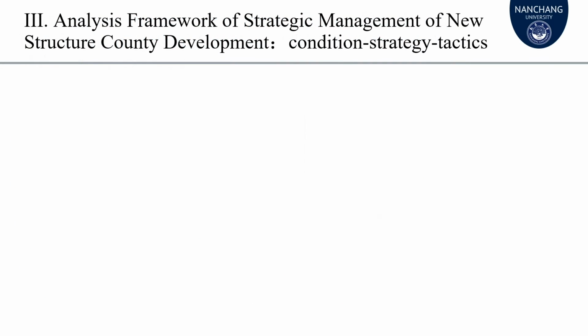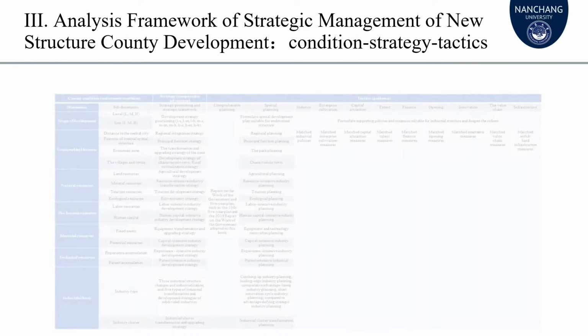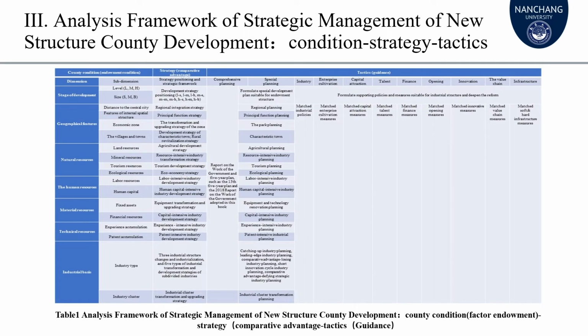By using the theory of new structural economics, we can build a concise and highly operational framework of China's county development strategy: county condition, factor endowment, strategy, comparative advantage, tactics, guidance. Table 1 shows how to formulate appropriate development strategy and policies according to a county's condition.